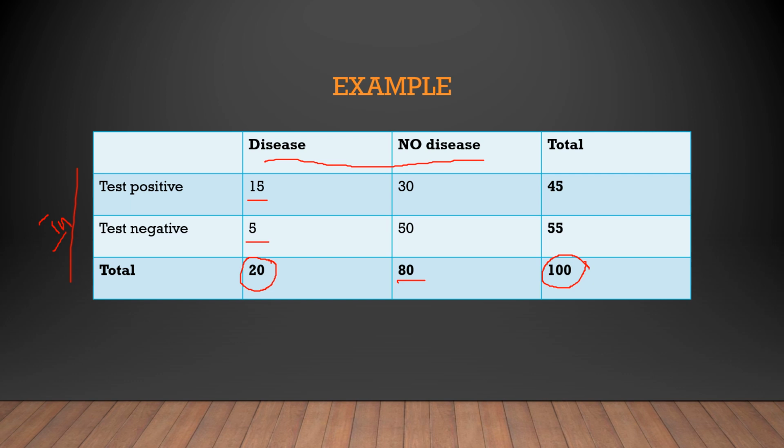Next column. There are 80 people who do not have the disease, and when you apply this test to this normal population, you have 30 of them still testing positive and 50 of them turning out to be negative. Clear till now? So you have a total of 45 patients who are testing positive and 55 patients who are testing negative at the end of the day.